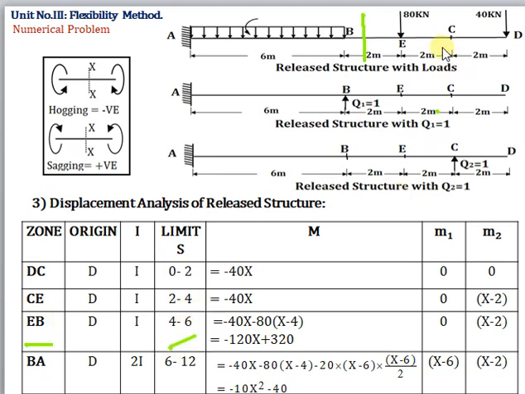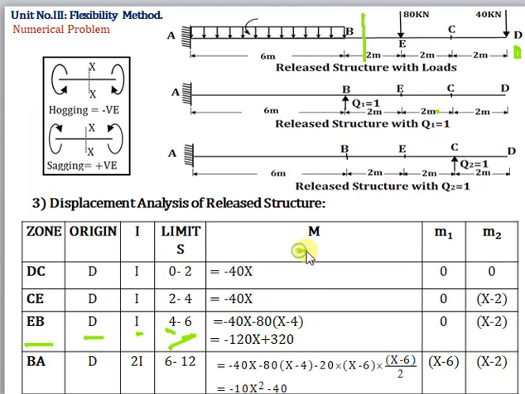So for EB, again D is the origin. So E is how much distance away from the origin? 4. So the first limit is 4, and B is how much distance away from the origin? 6 meters away from the origin. So 4 to 6 is the limit. Moment of inertia is I, again origin is D.